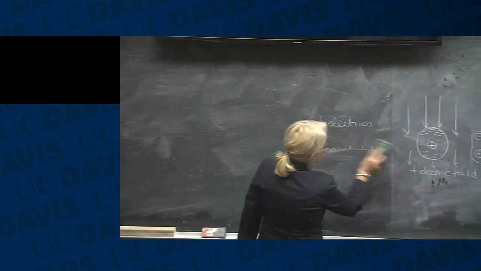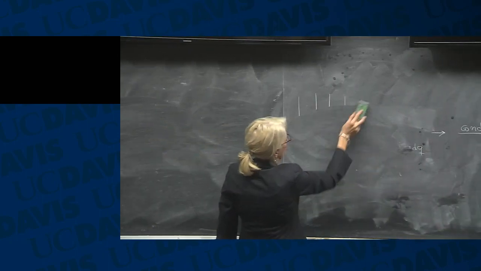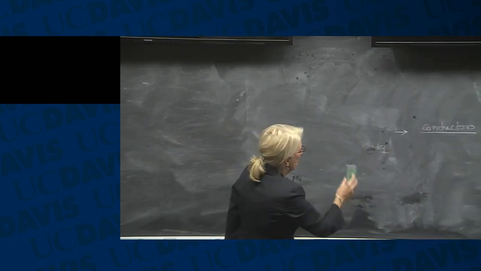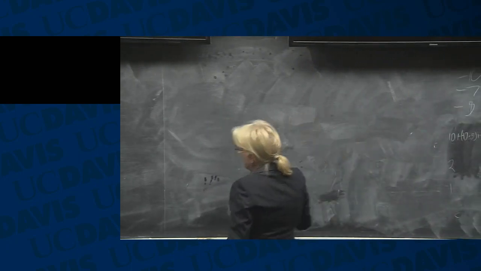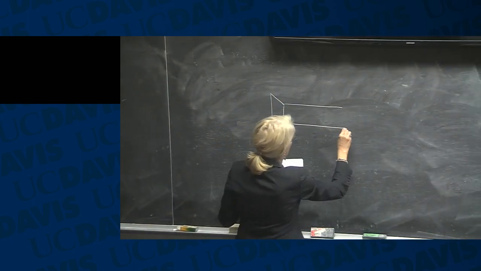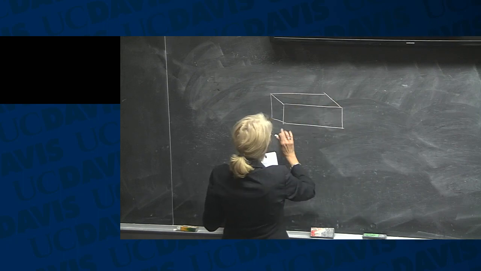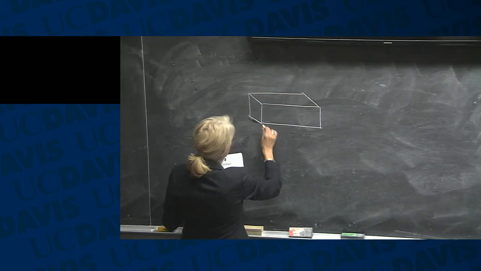You don't have, as in a perfect conductor, all of the electrons free to flow. In a conductor, you can show a conductor like this, or like a rod. Let's assume that you have this conductor here.